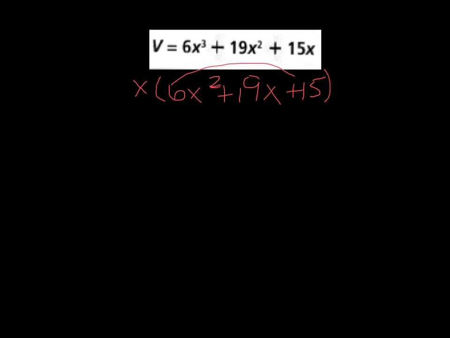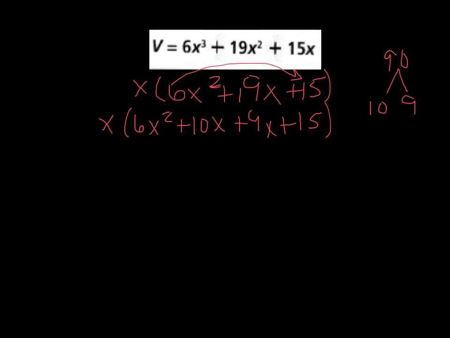We're going to take a times c, and 6 times 15 is going to give me 90. And I need factors of 90 that add up to 19, so I'm looking at 10 and 9. So I have x, then I'll have 6x squared plus 10x plus 9x plus 15. And now we're back to the same factoring by grouping that we were doing before, looking at first two terms and last two terms.